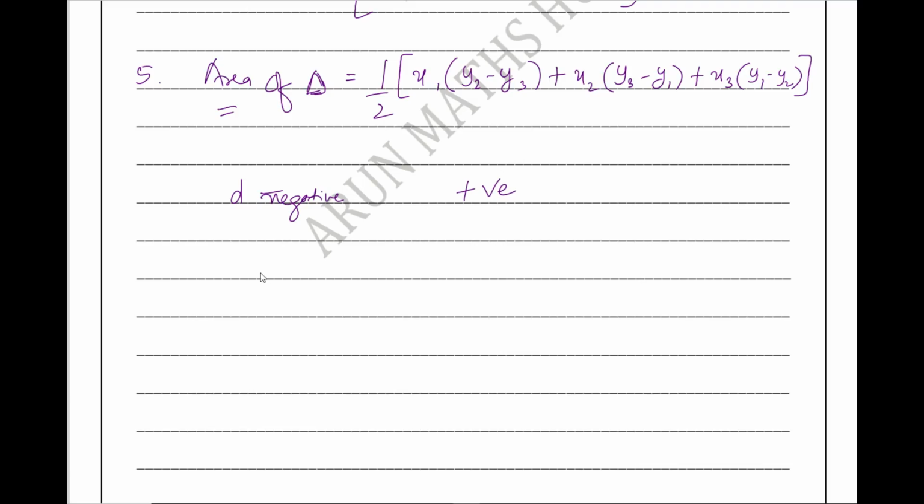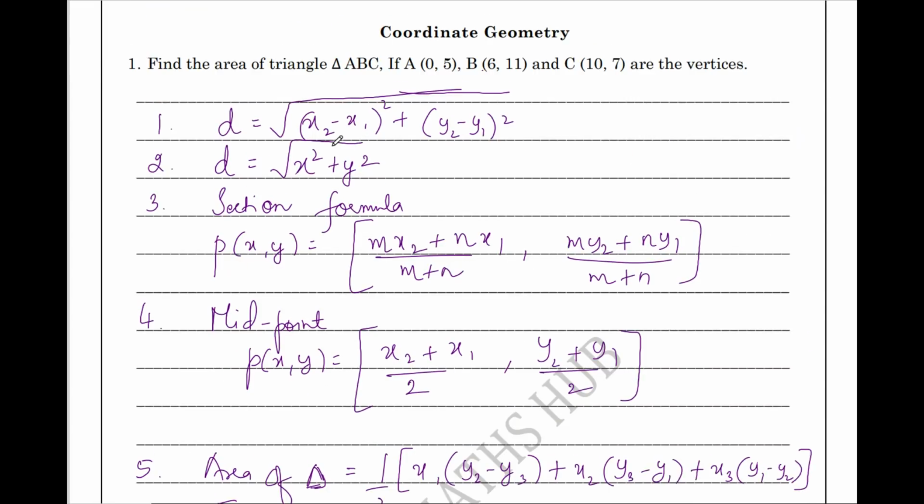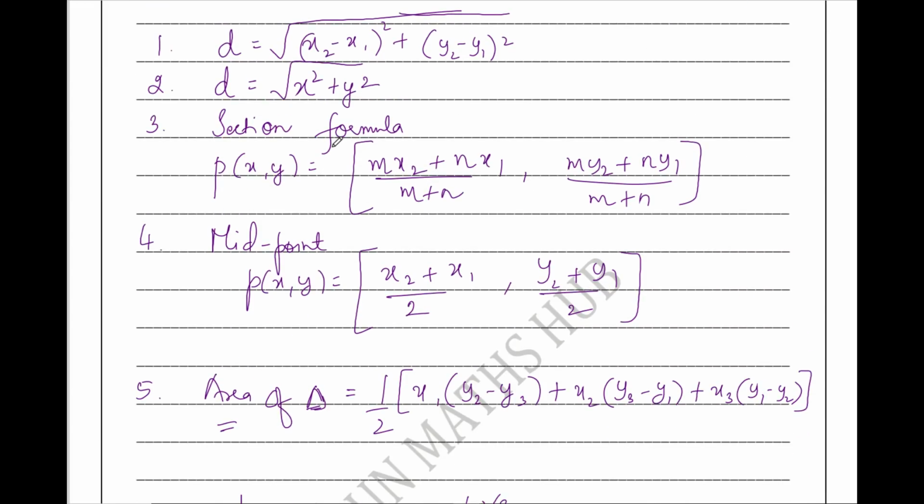And also, if the area of the triangle is 0, that means the points are collinear. That means all the points lie on the same line. Students, these are the important formulas you should remember before solving the problems.